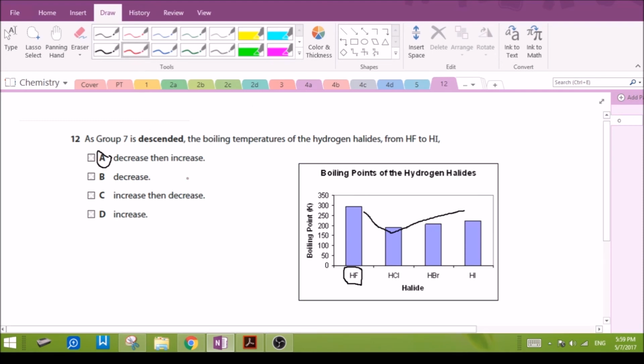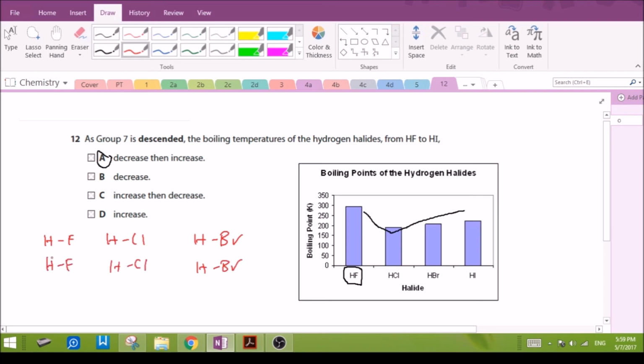So first of all, why does hydrogen fluoride have this anomaly? Alright, so let's use the first three as examples.